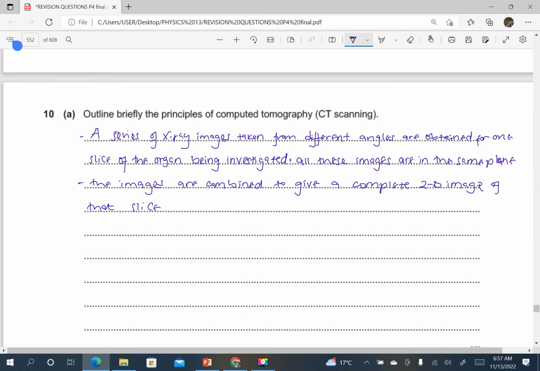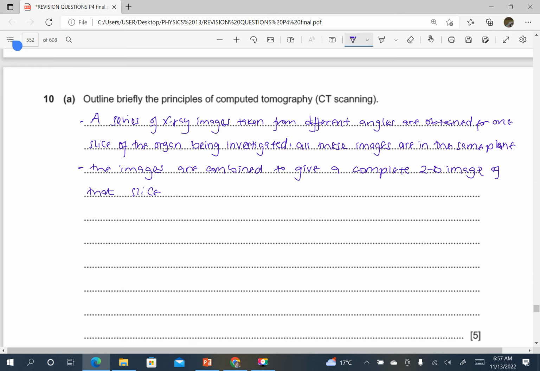So remember there are many slices to be investigated, and most slices are imaged in a similar way.